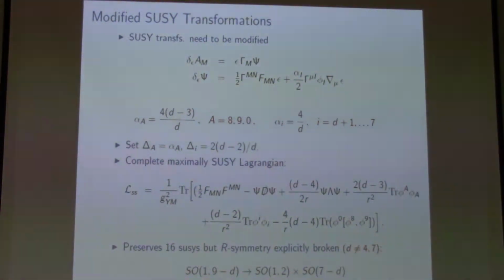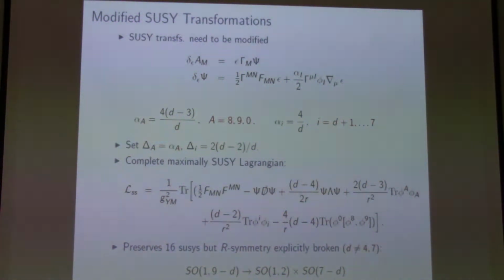I skipped a ton of details. But you say that R symmetry is broken. Yeah, it's the R symmetry. Supersymmetry is 16, right? There are still 16 supersymmetries. And this is consistent with the supergroups too.